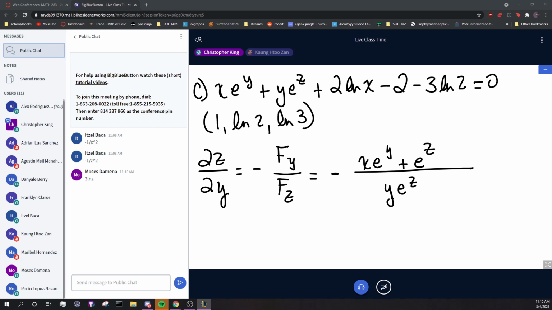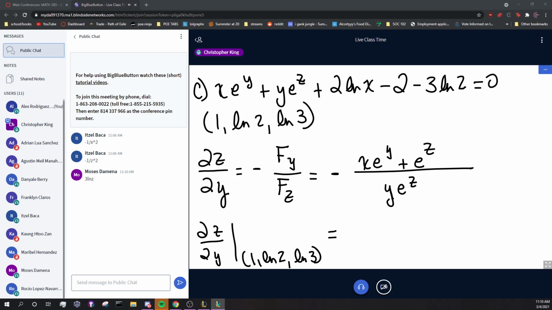All right. So this is what the partial of z with respect to y is going to be equal to. So now what I want to do is do the partial of z with respect to y and evaluate it at the point. Okay.